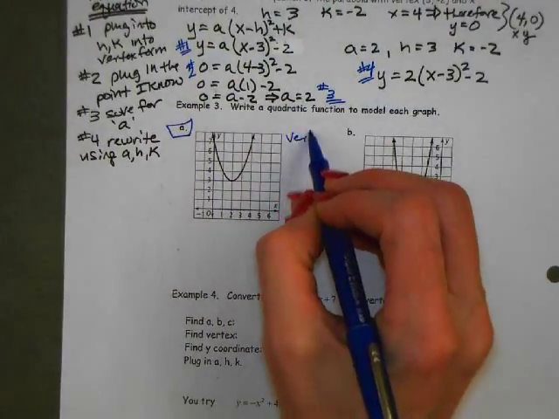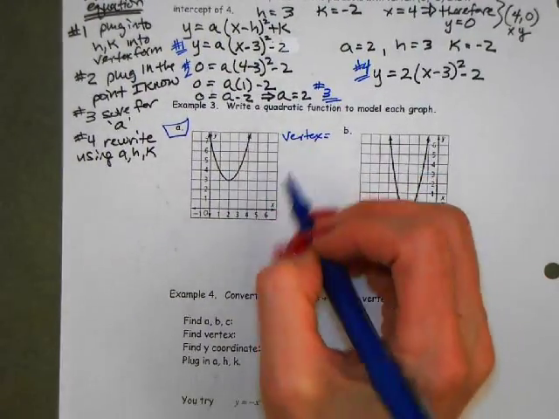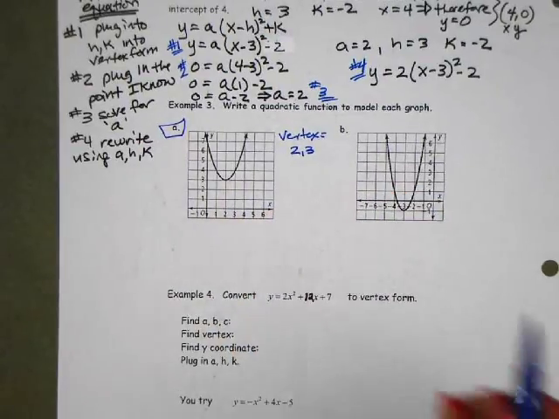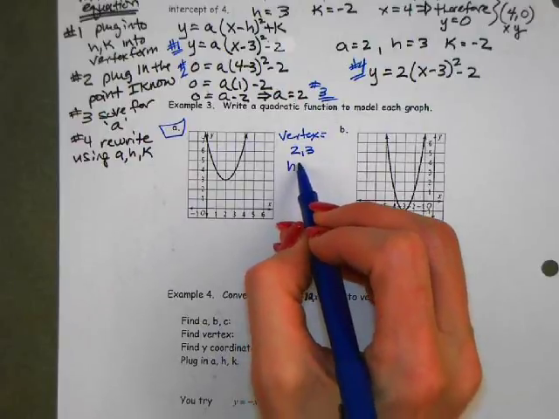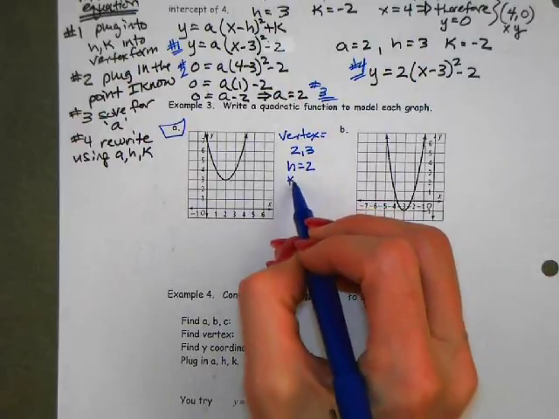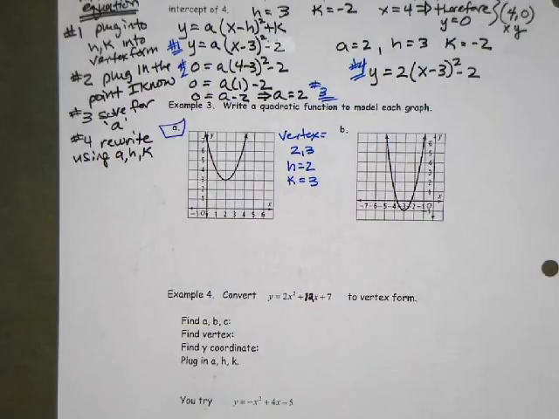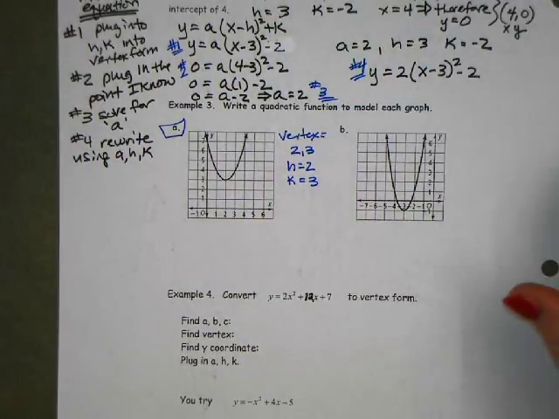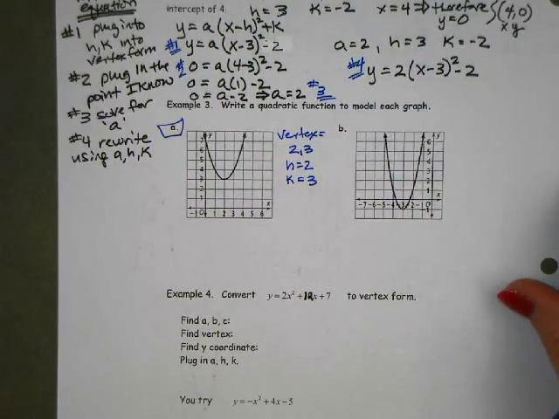Vertex. Alright, what's the vertex? 2, 3, right? So what is H? 2. What is K? 3. Alright, what other bit of information do I need to know to try and write an equation? I need a point, correct?